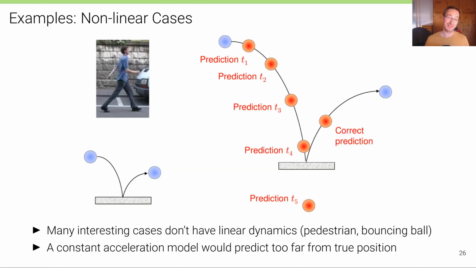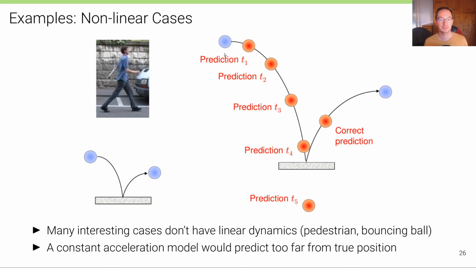However, there are many cases in the real world where this doesn't work, that are nonlinear and that require nonlinear models. For example, here you can see an example where we have nonlinear dynamics. The pedestrian is not walking linearly, it's bouncing up and down, and also this bouncing ball here.